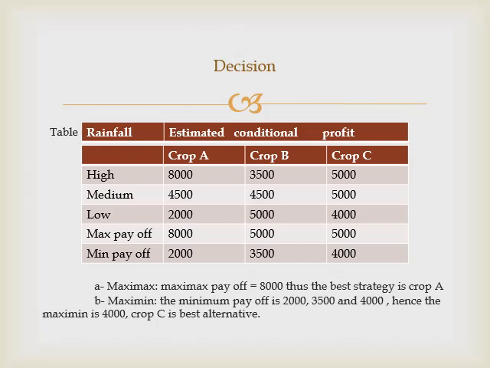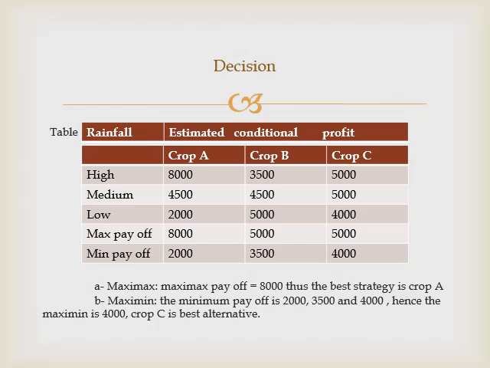The maximum among these 3 indicators is 8,000. The minimum is 2,000. Let us shift to the right for group B, where the maximum payoff is 5,000 and the minimum payoff is 3,500. For group C, the maximum is also 5,000 and the minimum is 4,000.